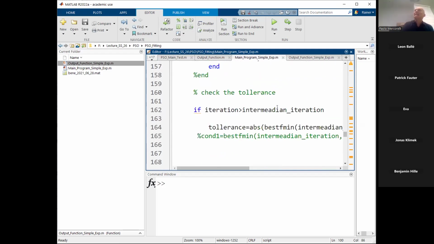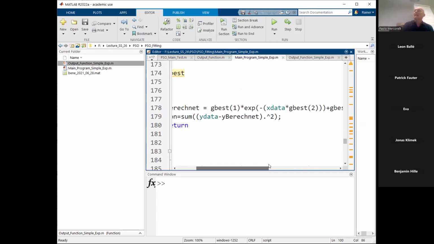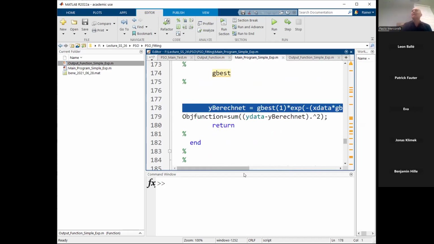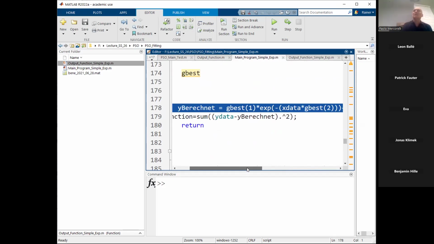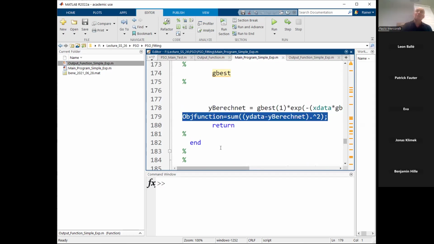The unique thing at the end is that the regressor is different, but the structure is the same. I calculate these two lines, considering this is the regressor at the GBEST. GBEST is the solution for X1, X2, and X3. And then, if you want to visualize the solution, it is here.